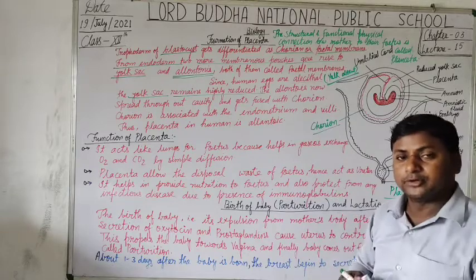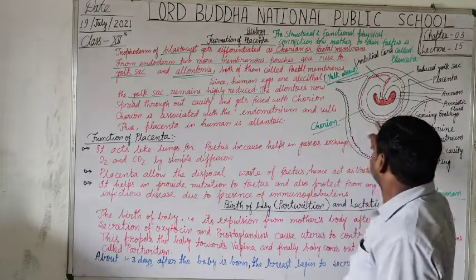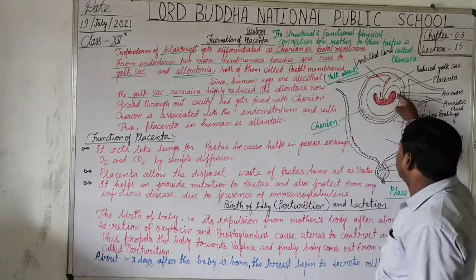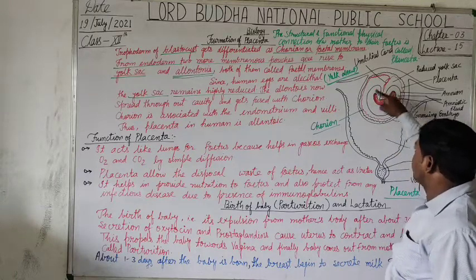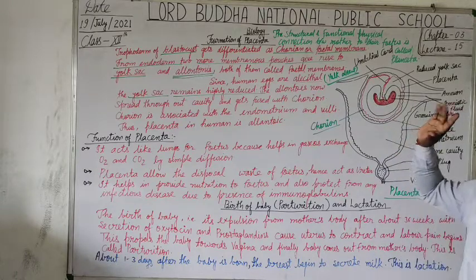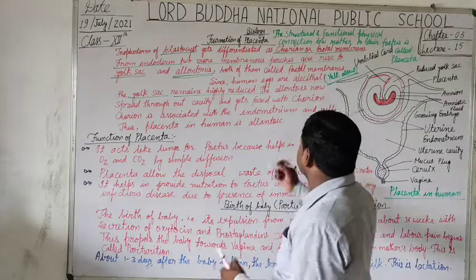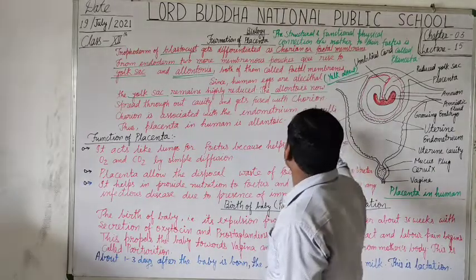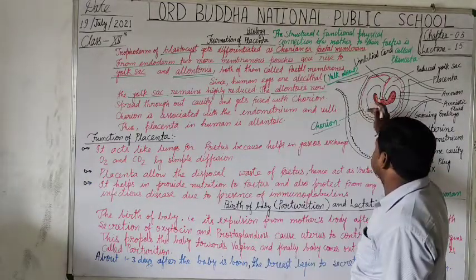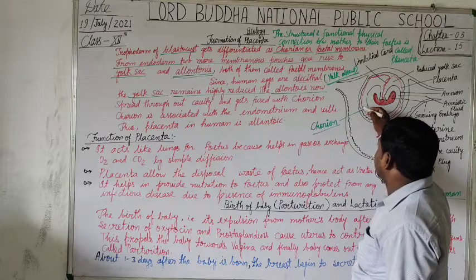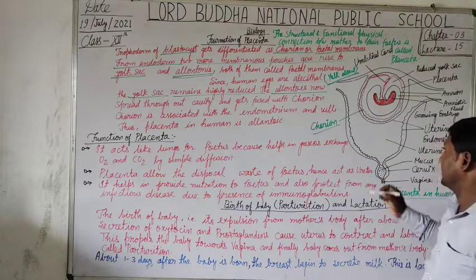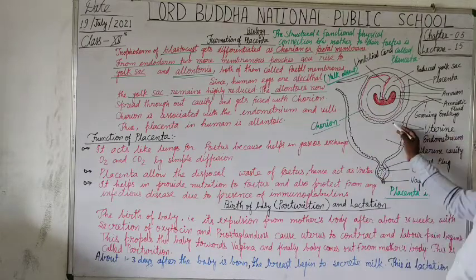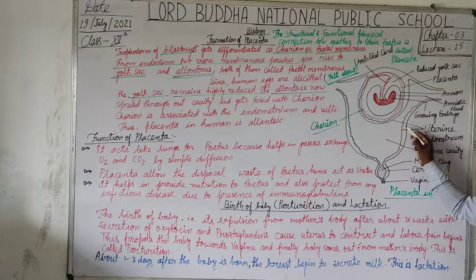Due to absence of yolk, the yolk sac gets highly reduced, as shown in this diagram. And the allantois, these two membranes, the red and this black membrane, and this outer one, you can say, is the uterine endometrium.